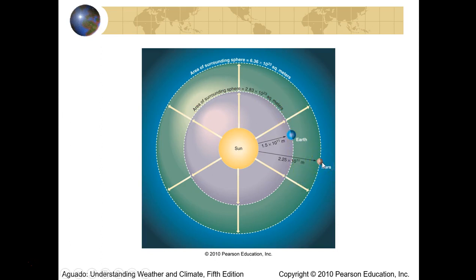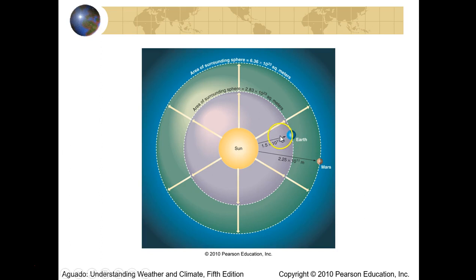So here is Mars's orbit, here is Earth's orbit, and the inverse square law would say that because the Earth is much closer to the sun, the sun's radiation is being spread over a much smaller area, and that's why the Earth is more likely to get a higher level of shortwave radiation than, let's say, Mars, because Mars is about 40 to 50 million miles further away from the sun than the Earth is.